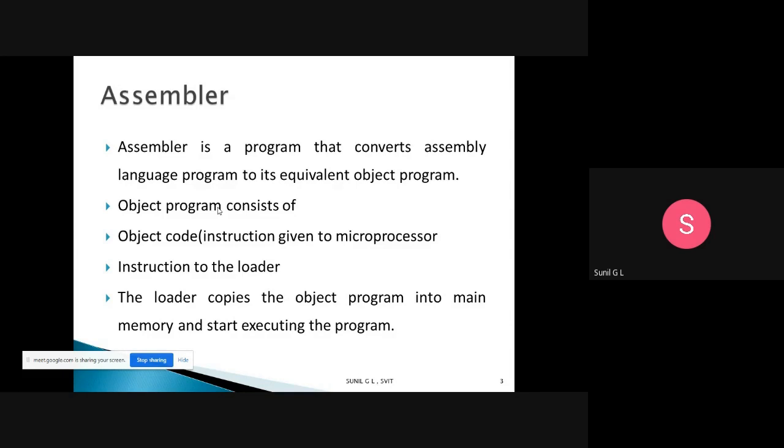The instructions to the loader say from which memory address we need to load that program into main memory. The loader copies the object program into main memory and starts executing the program. So this is an introduction to the assembler.